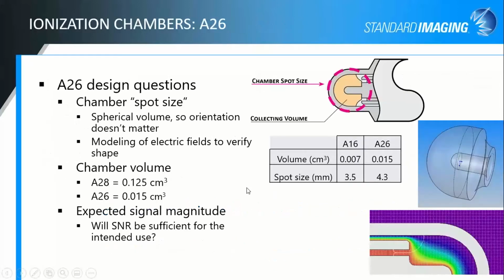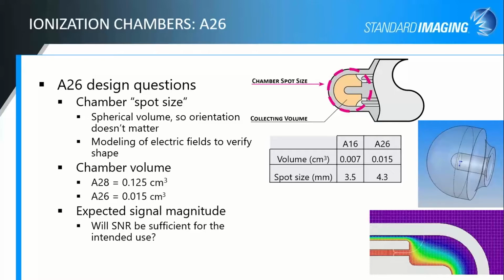So about these detectors, just a little bit more. The A26 was designed specifically in response to an investigation done at the UW-Madison about the behavior of microionization chambers, actually the lack of proper behavior of microionization chambers, particularly in regard to the polarity effect for these chambers.